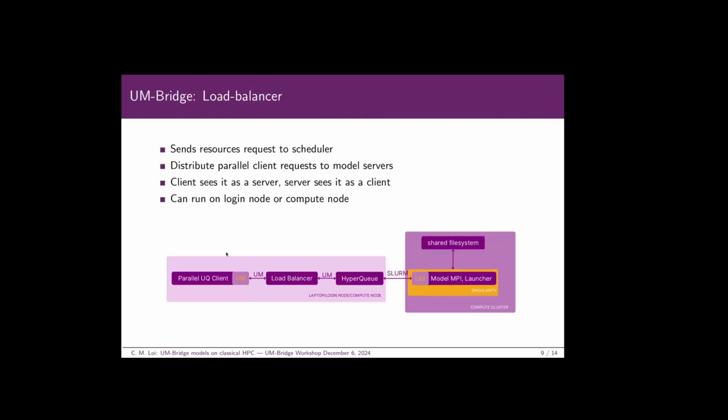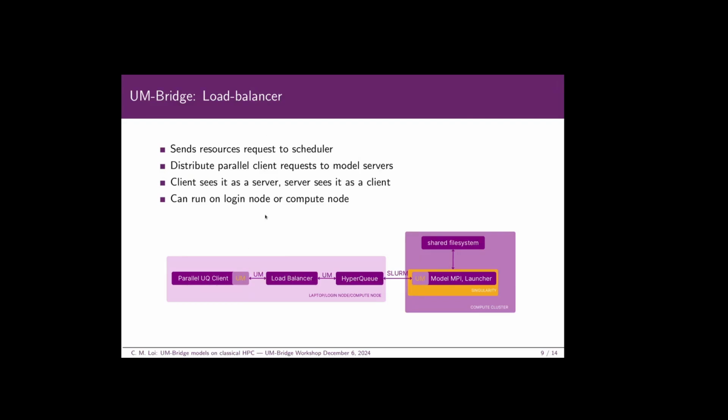And this is a similar schematic to what Lina showed earlier in the cloud computing setup. What we had was a parallel UQ client that connects to the load balancer via Umbridge, and in turn, Umbridge connects to HyperQ, and HyperQ connects to our HPC resources through our scheduler.